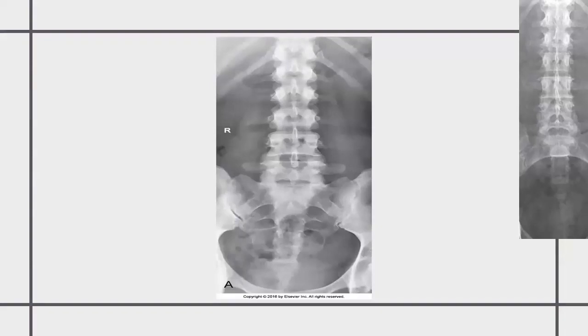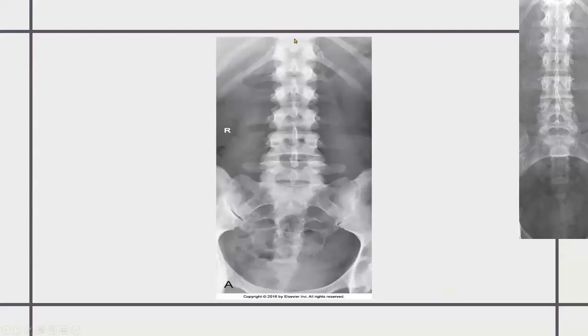So it is true that for an LS spine you should be centering at the crest. Otherwise, you should be 1.5 inches above the crest, centered at about L3 for the L spine. And that's what's going to be part of my argument, even here's the crest. If I'm 1.5 inches above, I'm at L3.